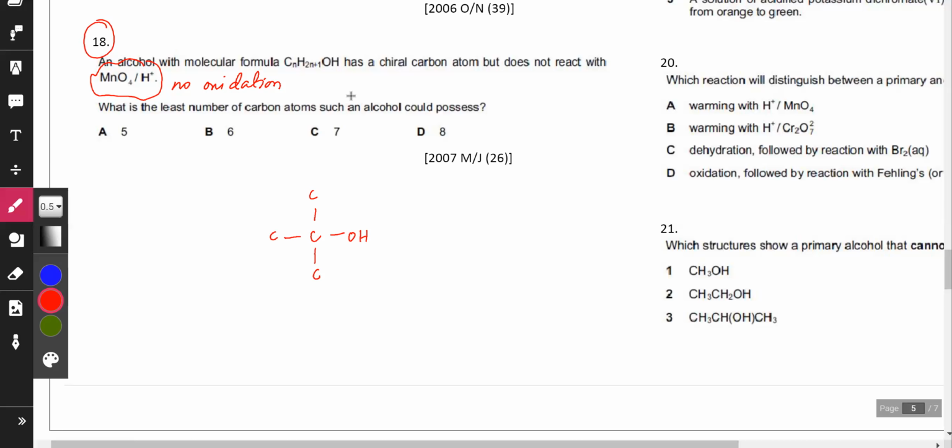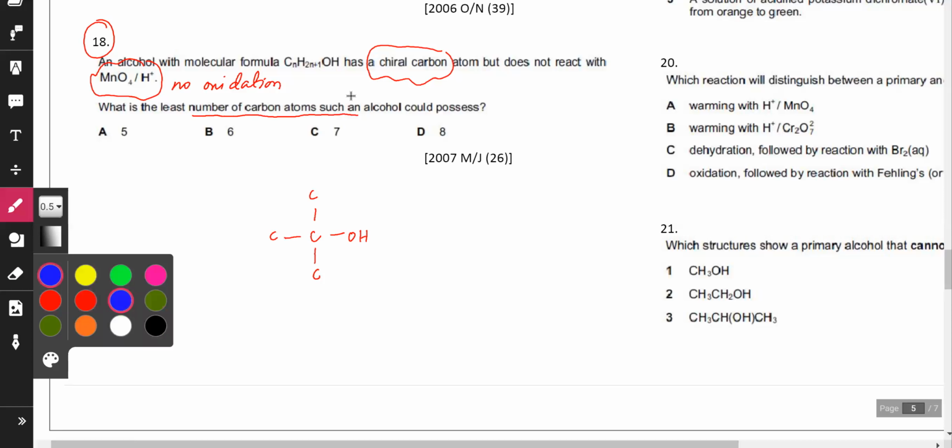But he then says that it has a chiral carbon atom. And he's asking you what is the least number of carbon atoms that such an alcohol could possess. So how can I make this chiral? I mean, what's a chiral carbon atom?